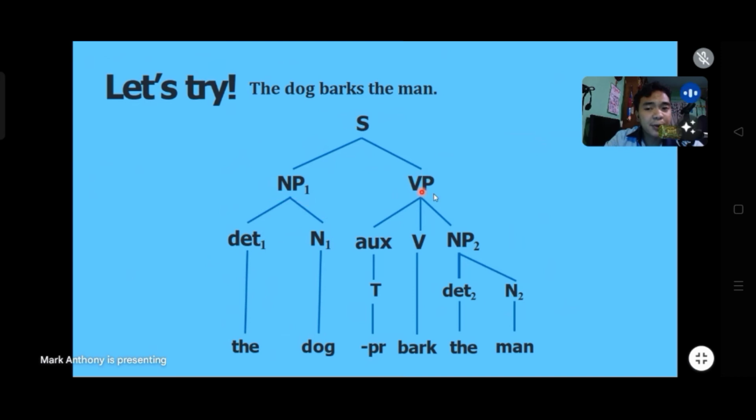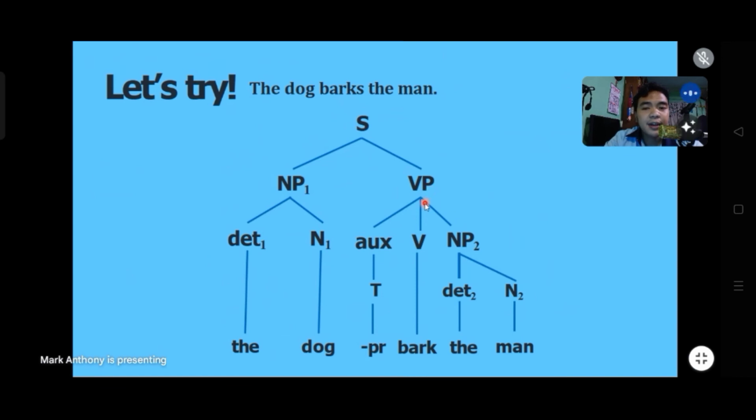And then the verb phrase, let's start with the word barks, which is the verb, and again, it is an auxiliary verb in present tense. This is the tense and this is the present tense. As we can see here in the sentence, the word is in the present tense, barks.